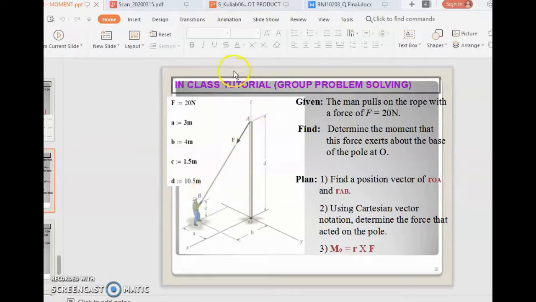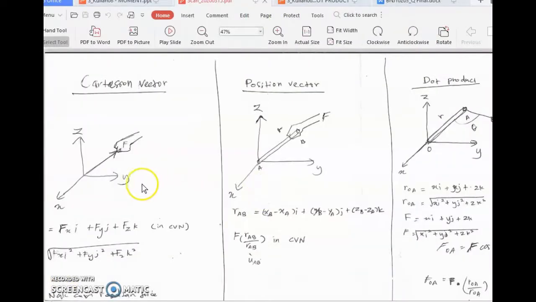If we recall how to find the force in Cartesian vector form when it involves a cable, either you use this method or the position vector method.